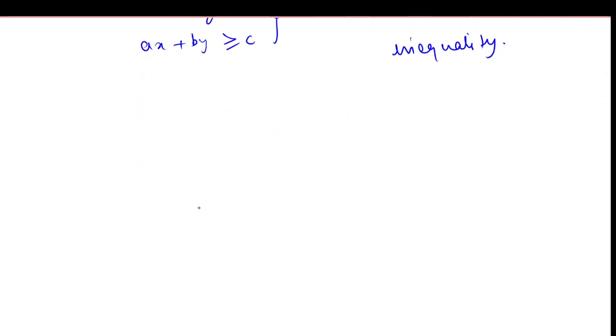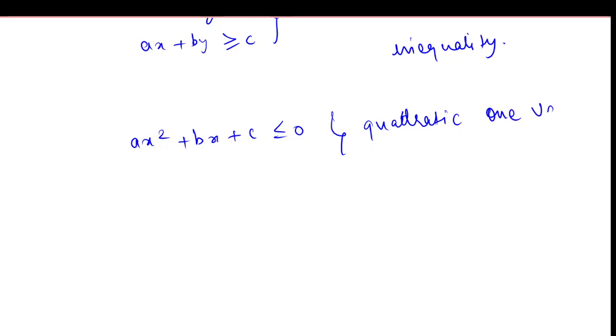And third is ax square plus bx plus c is less than or equal to 0. It is a quadratic one variable slack inequality.